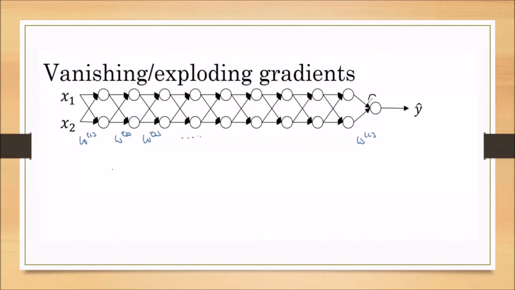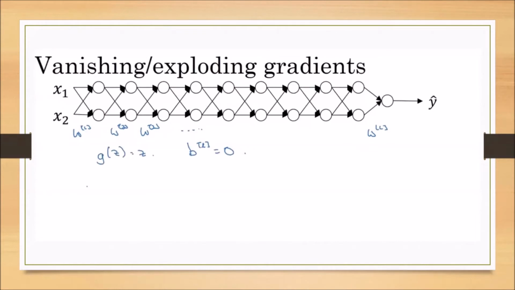So until the last layer, we are getting X1 and X2. Because we are taking only one activation unit in the last layer, we take the weight W into X1 plus W into X2, and we finally get the predicted output.